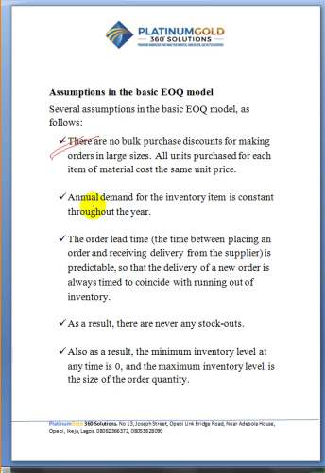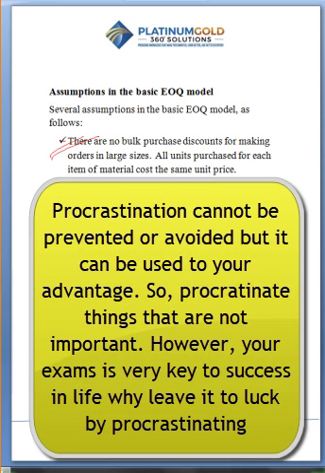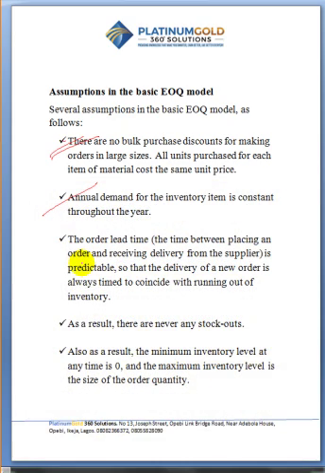Then annual demand for the inventory item is constant throughout the year. That is, the annual demand is constant. And thirdly, the order lead time. The time between placing an order and receiving delivery from the supplier is what we call the lead time. We are saying the lead time is predictable, so that the delivery of a new order is always timed to coincide with the running out of the inventory.